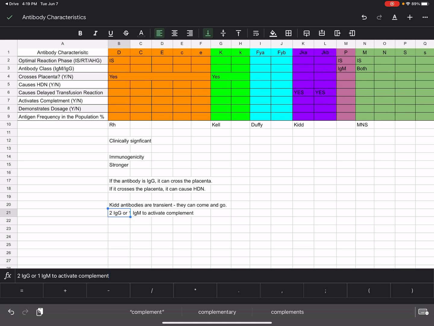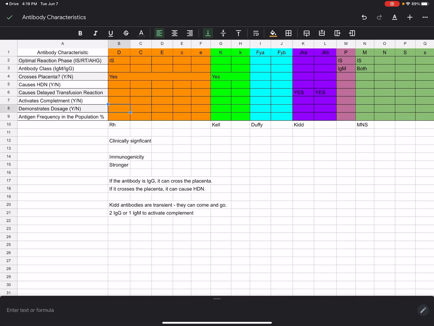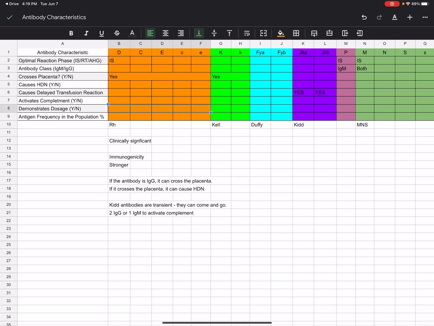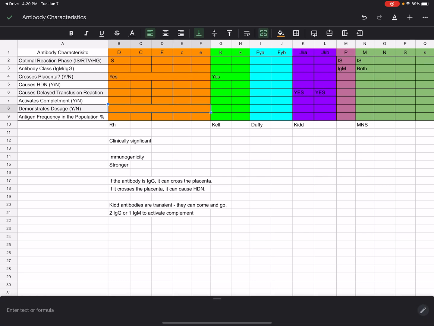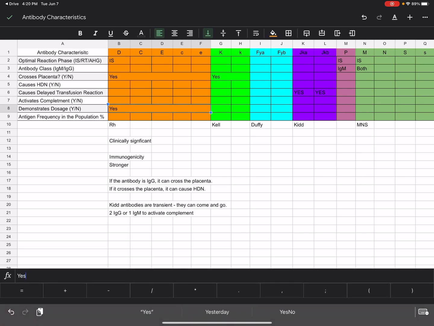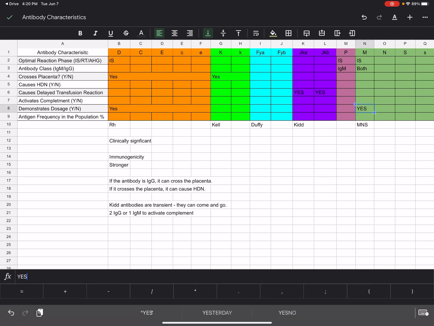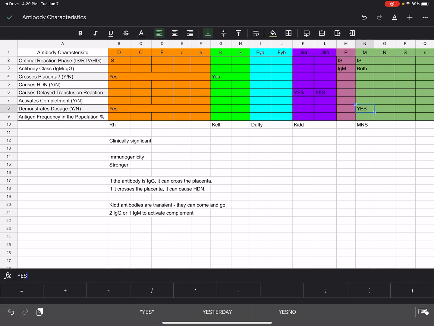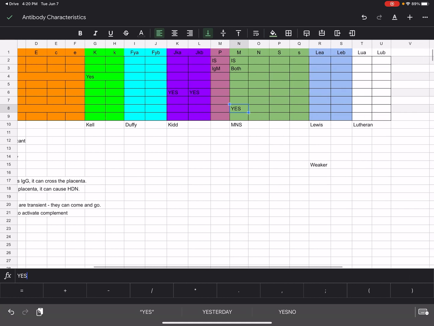Dosage. We can see dosage in the Rh system. Merge. We'll say yes. And we see it significantly with M. Definitely with M. You can see it with other things too, but for the most part, definitely with M.